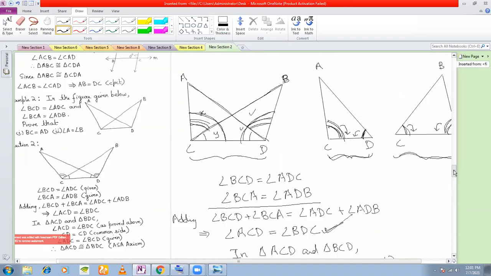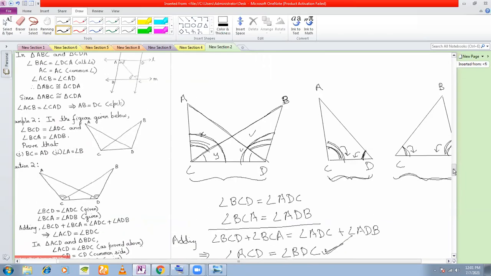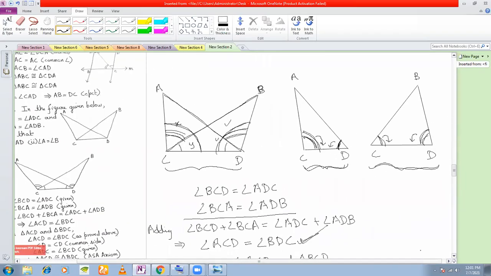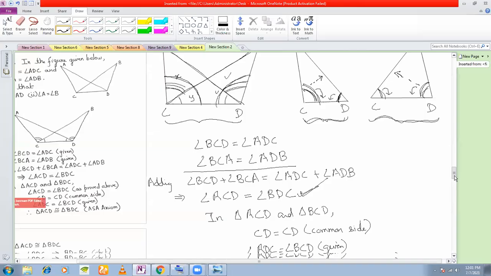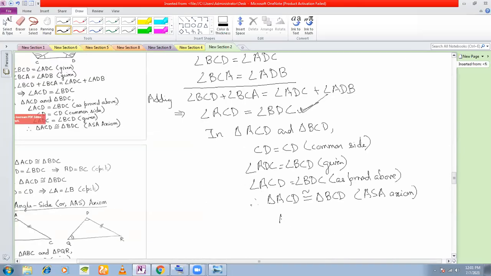Now what you have to prove here? Prove that BC is equal to AD. By CPCT, can you say BC is equal to AD? Yes, because these two angles are equal. Opposite to this side is AD and opposite to this is BC. So we can say AD is equal to BC by CPCT. What else?